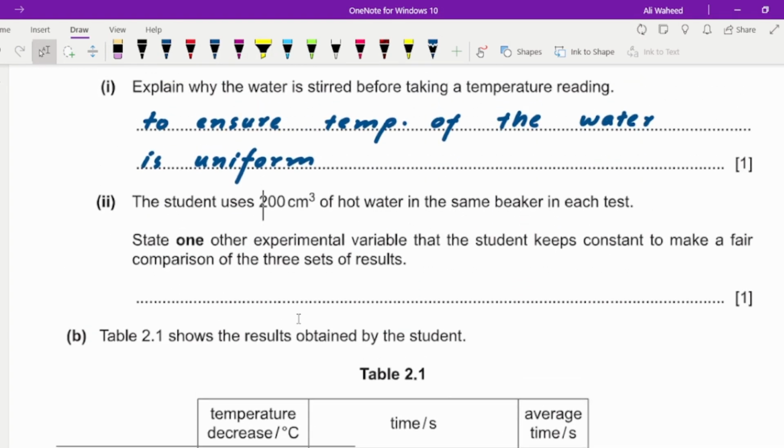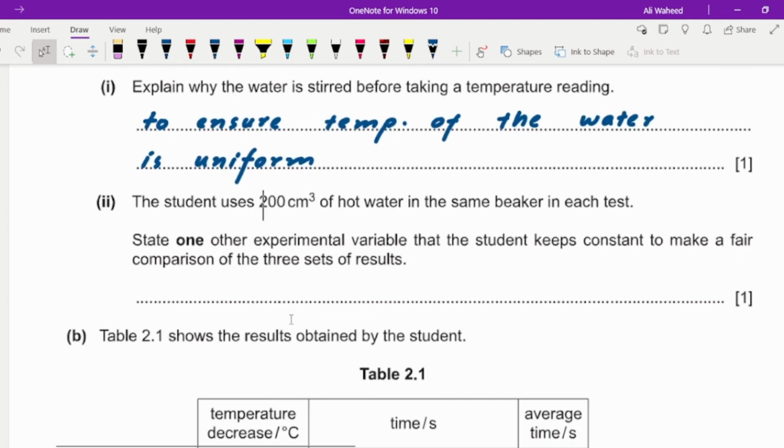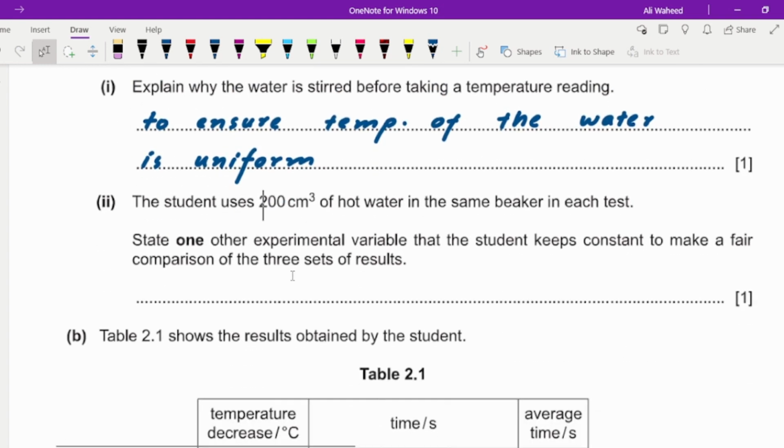Alright, now the student uses 200 cubic centimeter of hot water in the same beaker in each test. So he has kept the hot water at 200 cubic centimeter. State one other experimental variable that the student keeps constant to make a fair comparison of the 3 sets of results.